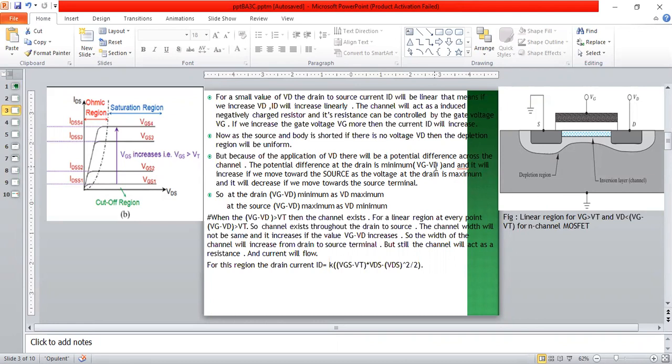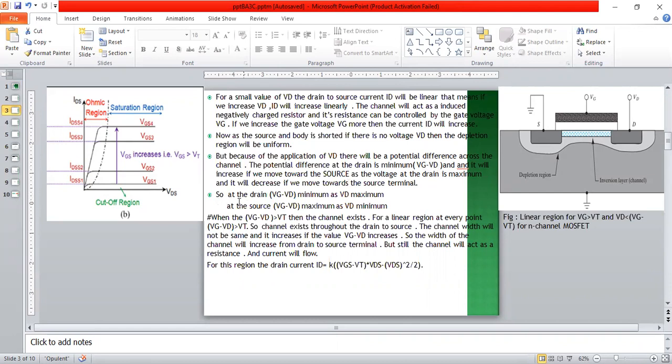As Vd is maximum here, the value Vg minus Vd will be minimum here. But if we keep moving towards the source terminal, then Vg minus Vd will be increasing, as the value of Vd will decrease.